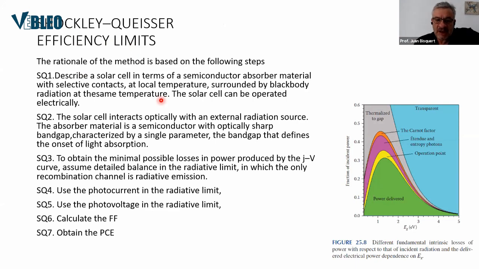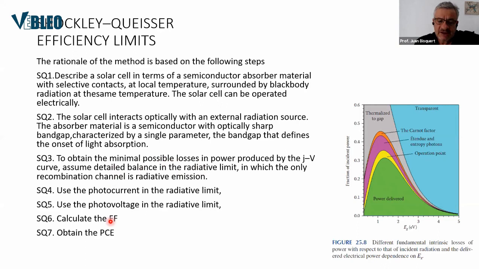So in this method, you describe the solar cell, as I just said, as a semiconductor with selective contacts. It interacts with light, and the absorber is a material with a sharp bandgap. And then you assume that there is a tight balance of light coming in and going out with only radiative emission.